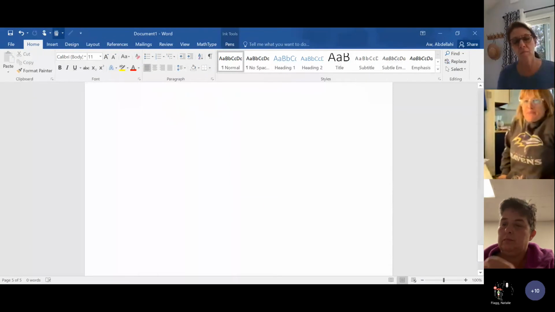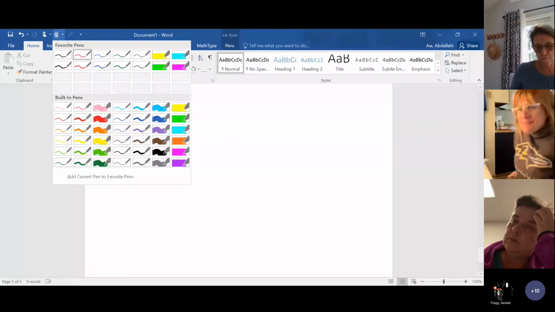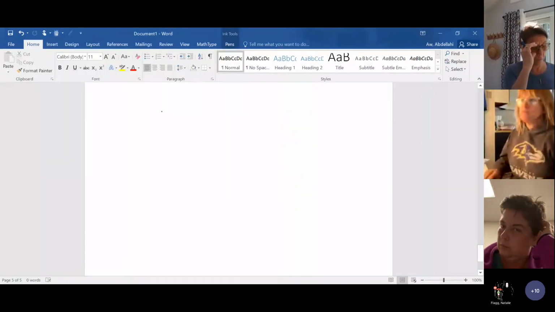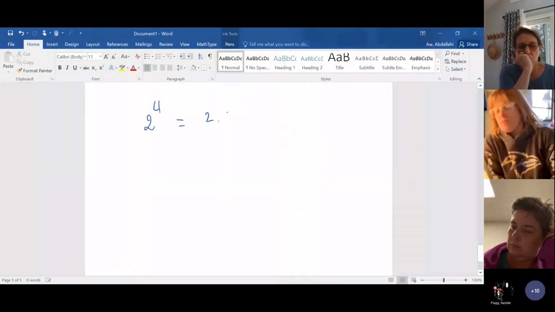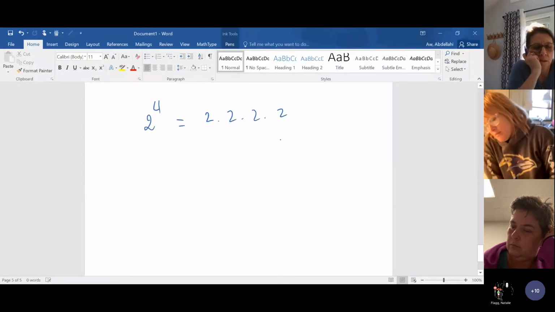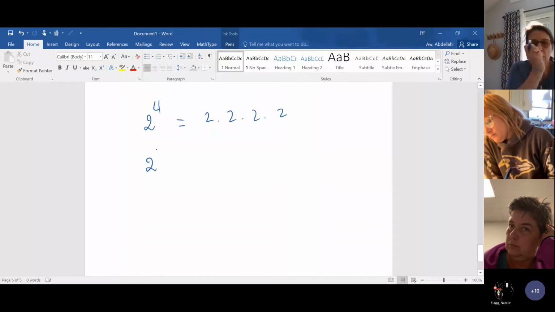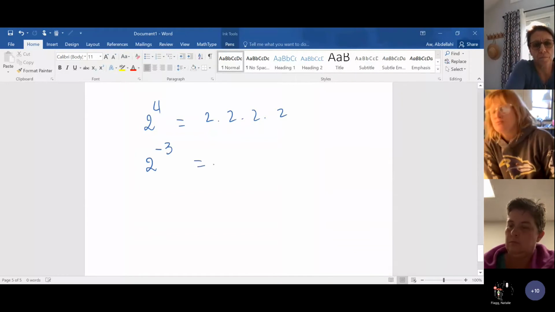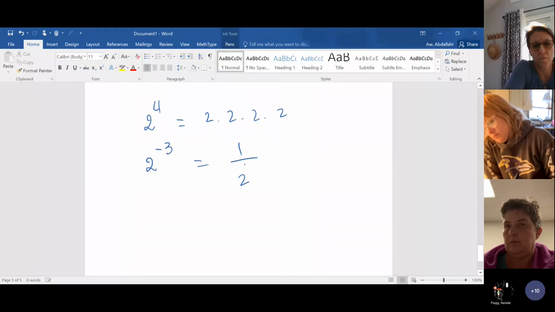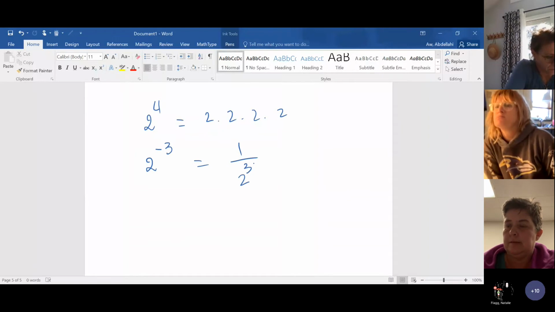For instance, all of us know what is 2 to the 4th power. It's 2 times 2 times 2 times 2, right? We know what is a positive exponent. All of us know what is a negative exponent. 2 to the negative 3, for instance, is 1 over 2 to the 3rd power. What we don't know is what is an exponent that is a fraction. We don't know that yet, okay?